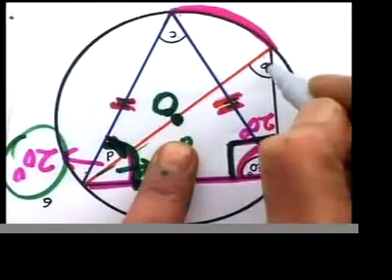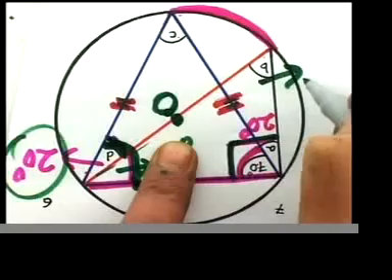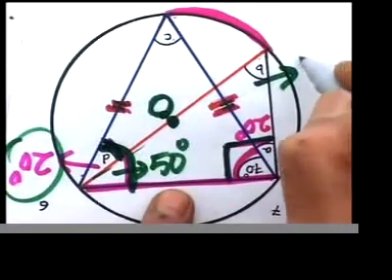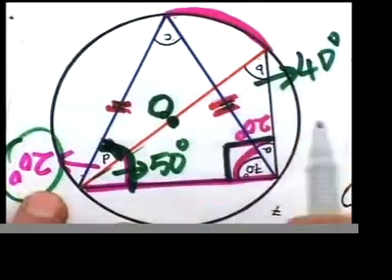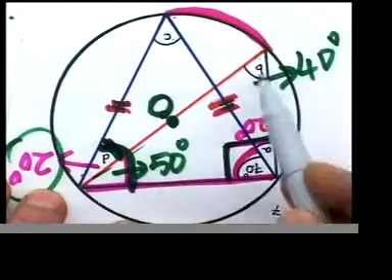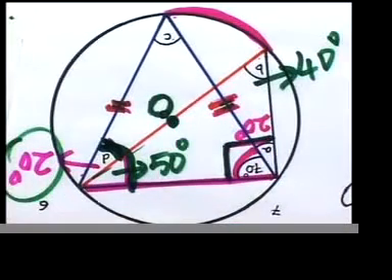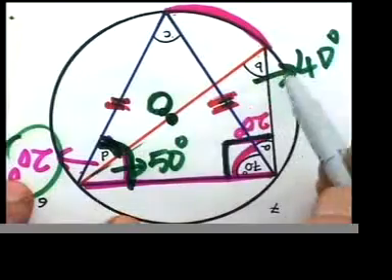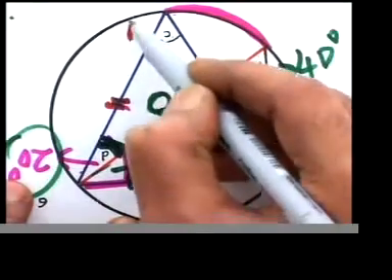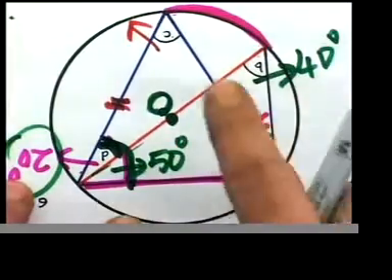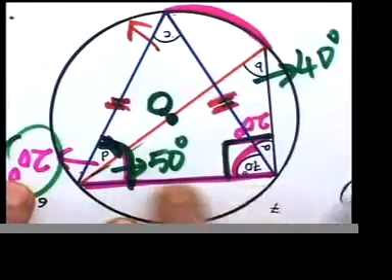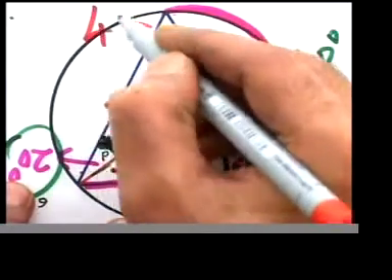What do you expect that angle there? That should be a 40 because, come on, you know, three angles in a triangle add up to 180. So once you get that as 40, what do you think of this angle? Right? They both are made by the same chord, so C should be 40.